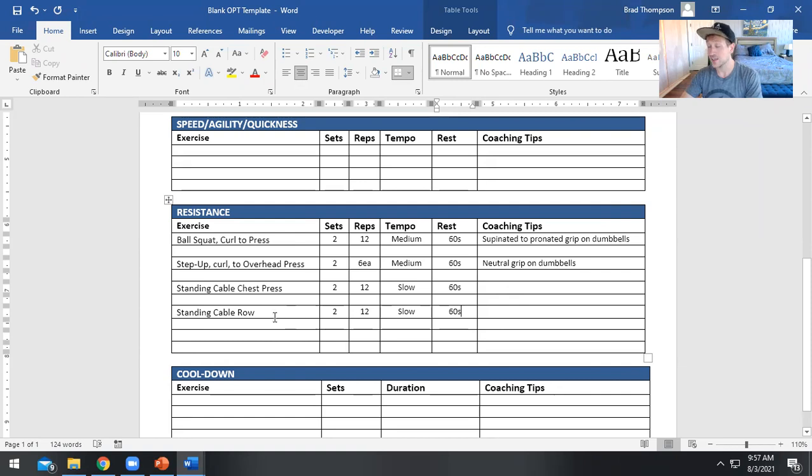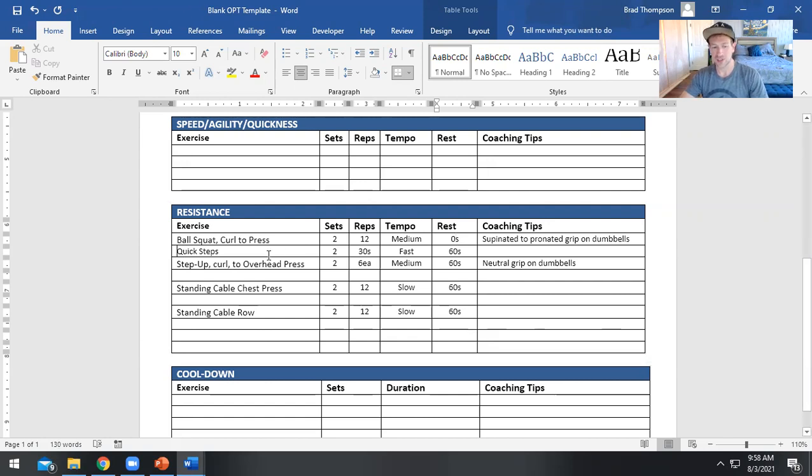This is pretty good as it is for straight sets, but I could also do quick steps in between, 30 seconds of work, fast tempo. And then that's where we take our 60 seconds of rest.